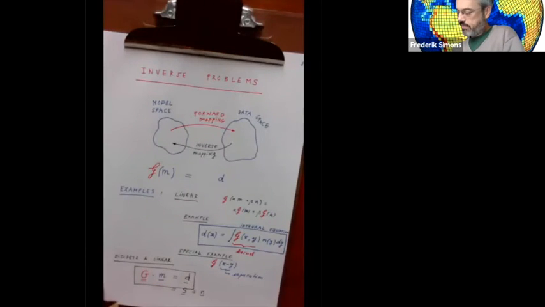The objective is to find M, given G, which is called the experiment. That's how your data see the truth. And given D, the data that you collect, find M. And don't just find M, also tell me how to find it, tell me that you have found it and that it is good enough, and appraise the quality of how your data constrains this model. So that is the inverse problem.